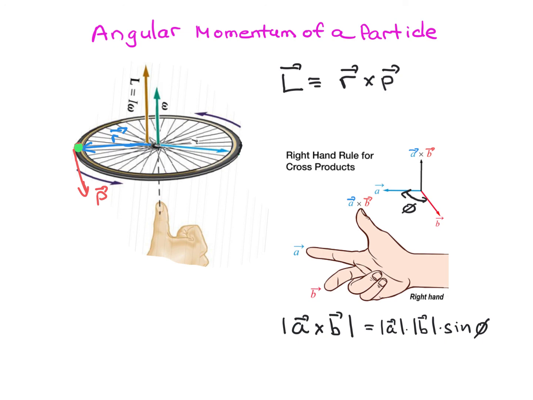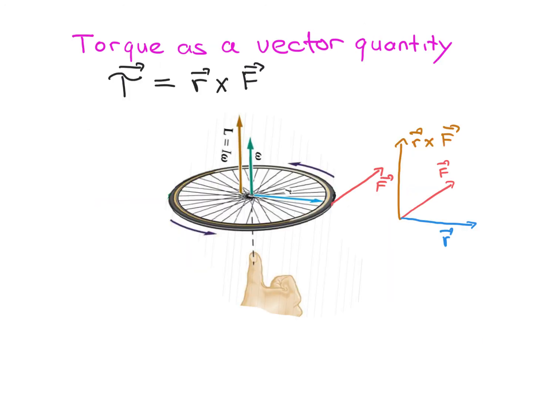And if you were to reverse the direction of the spinning wheel, you should convince yourself that in that case, the angular momentum of each of the particles points down, and therefore the angular momentum of the entire spinning bike wheel points down.